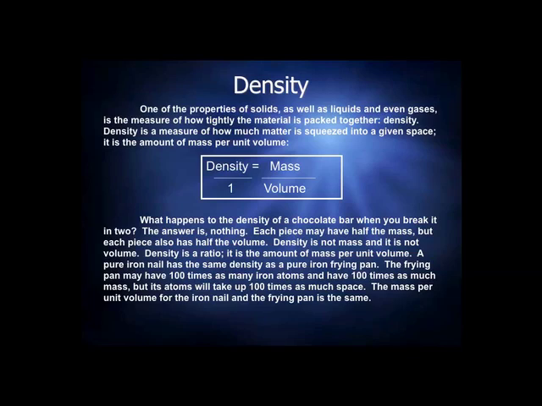Okay? So how do I solve that? Cross multiply, so what do I get? 12 grams per cubic centimeter times V equals 30 grams. How do I solve for V? You guys know algebra?